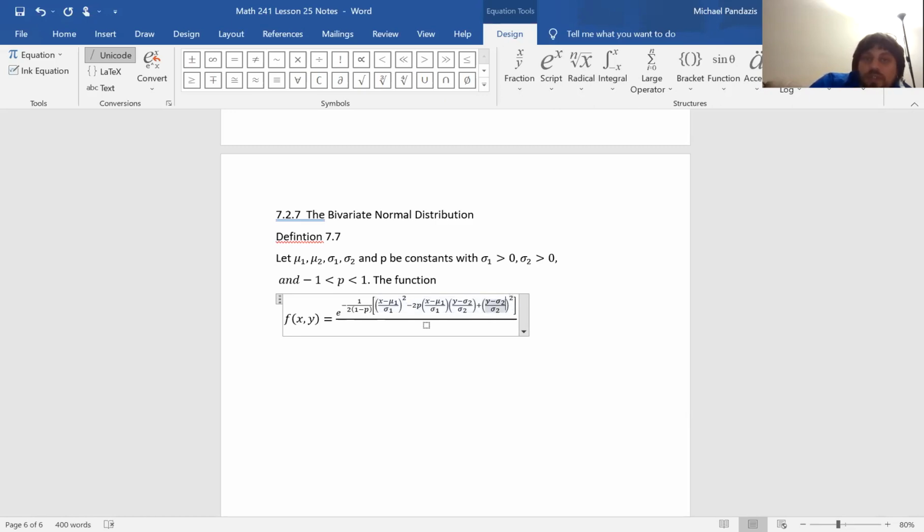What's being squared is just the thing in the parentheses, right? There's the thing in the brackets: there's this squared, minus 2p times this, plus this squared. Follow order of operations. It's e to the negative of all of that.